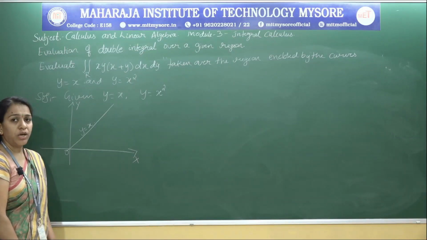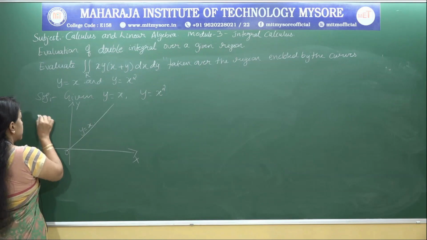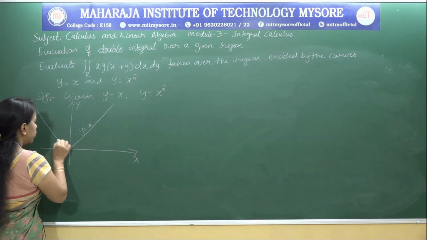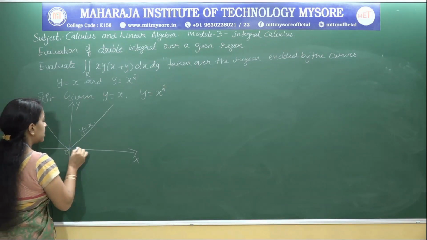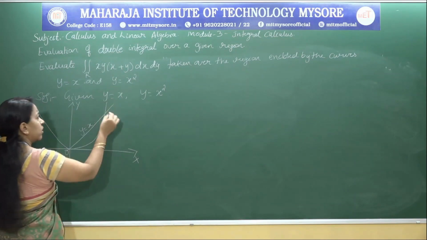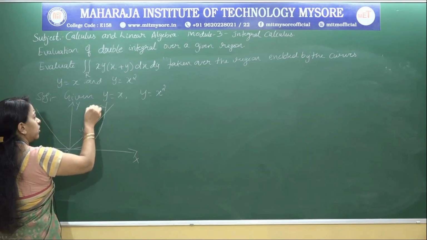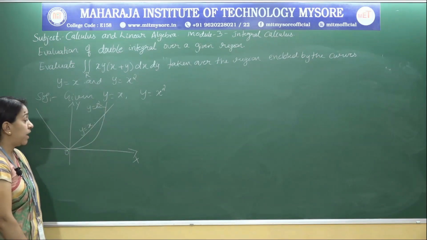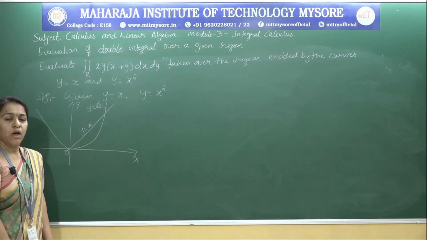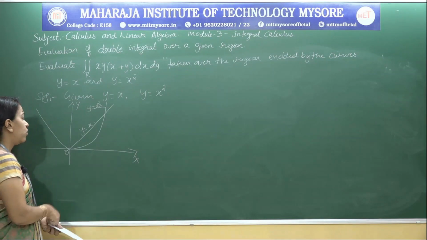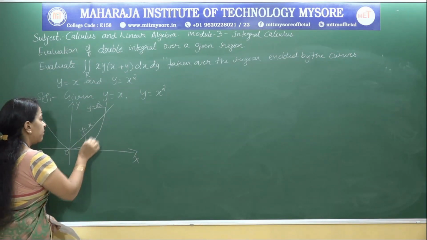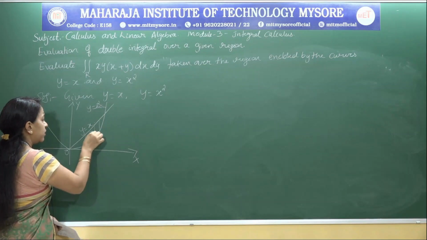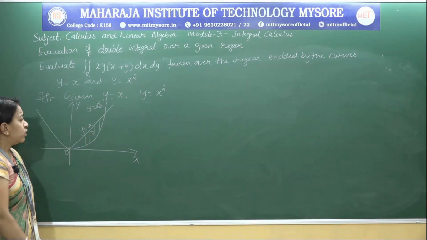Now another curve, y equal to x square, or x square equal to y, is the equation of a parabola, which is symmetric about the y axis. This is y equal to x square. Now the bounded region is this one. This is our bounded region R.